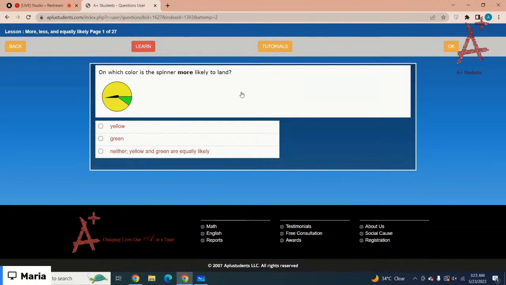So the spinner has more yellow color. Got it? That means the spinner is more likely to land on yellow.